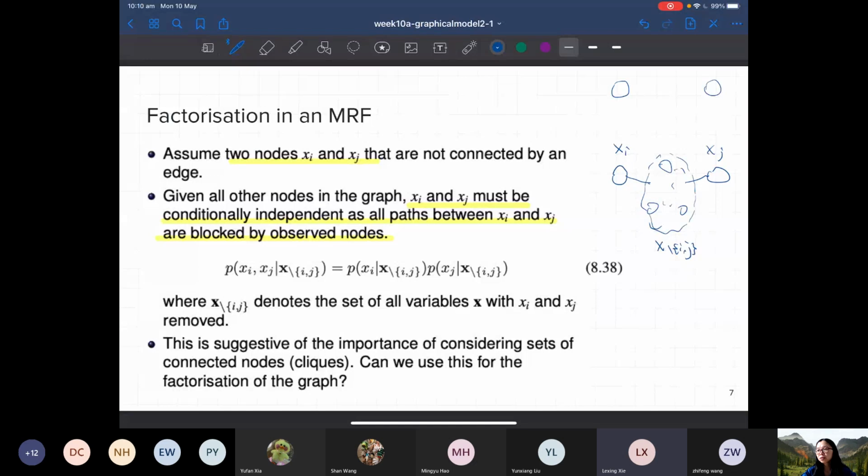In the literature of graphical models, you will see this set subtraction notation a lot because it's convenient to represent everything else other than the node that we're looking at. We also saw this notation in Gibbs sampling, which is basically the same notion.